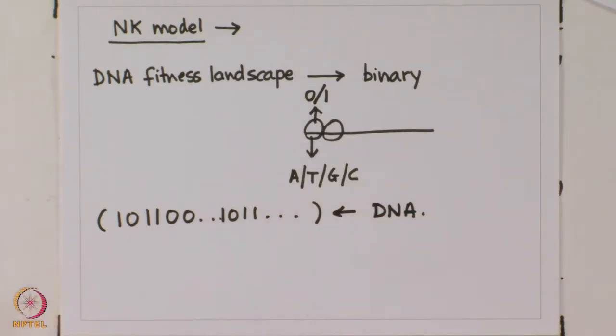Okay. Binary representation. Now, if you are interested in the fitness landscape associated with a stretch of DNA, what this model will assume is that the entire fitness associated with a string of length L of DNA is equivalent to the sum of contributions of fitness from n different loci which are present on this sequence. So, let me make that clear.